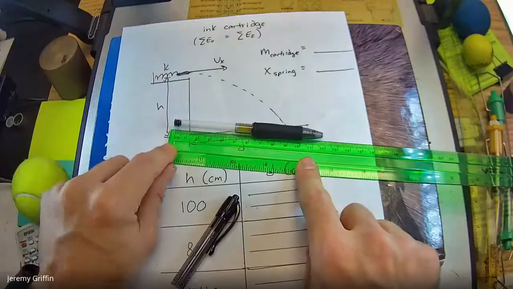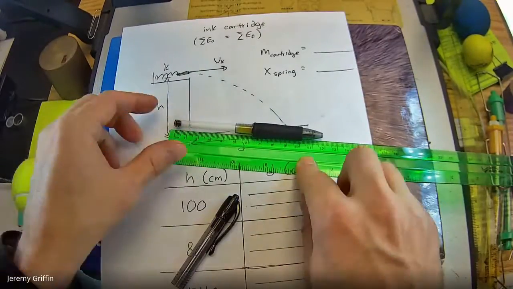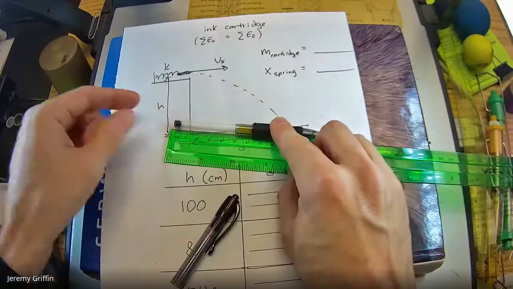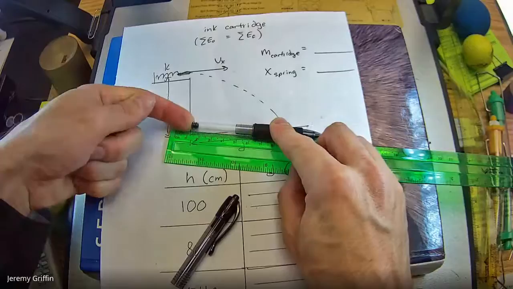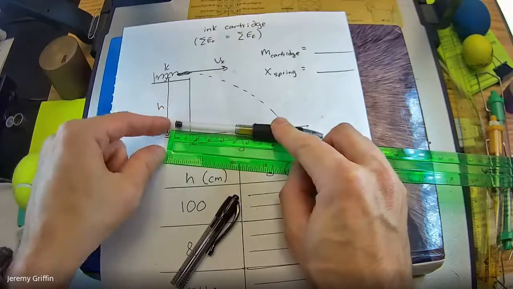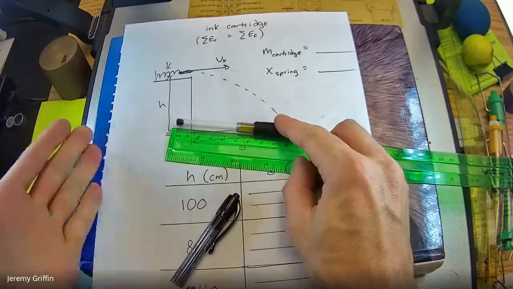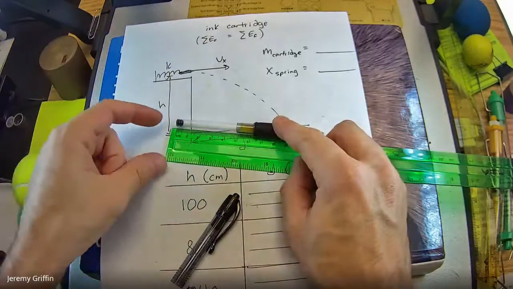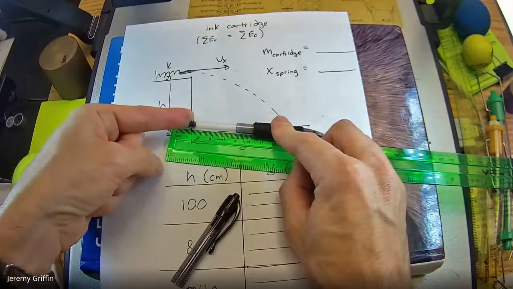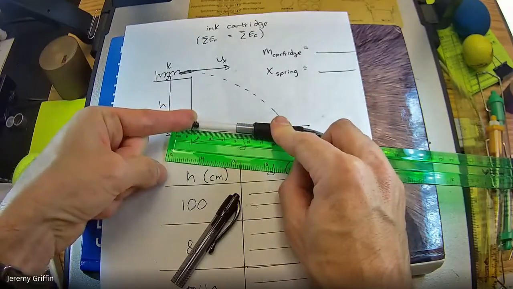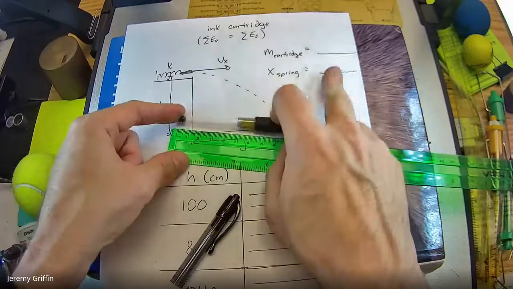If I look at the end of this cartridge and line that up with the 0, however much it gets smashed, that would be the amount of compression. Right now there's 0 force on the spring, but not for long. Now I'm putting a force, I have to put more and more force to squash it more and more. 1.3 centimeters. Okay, so this number is 1.3 centimeters.